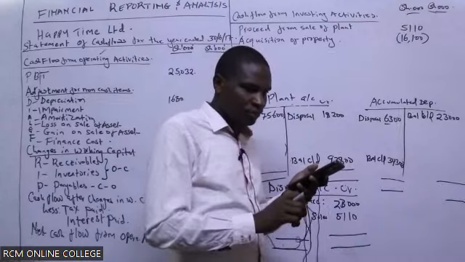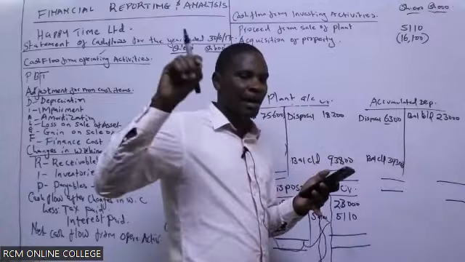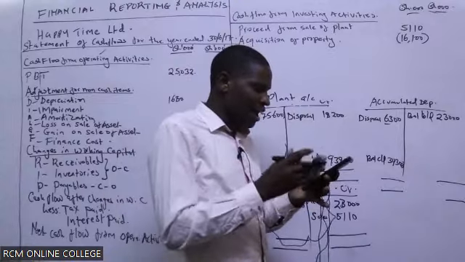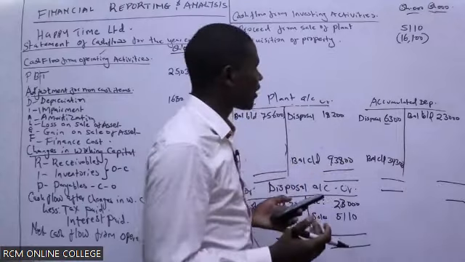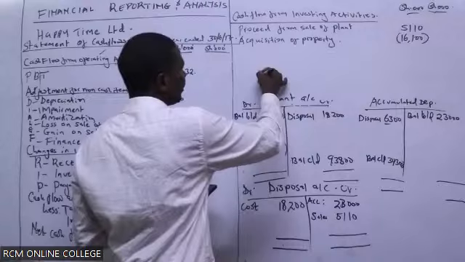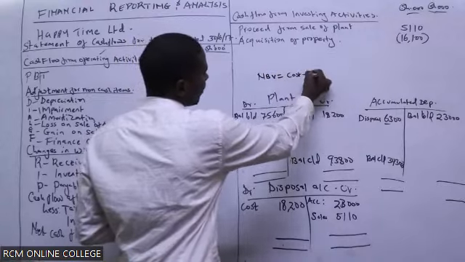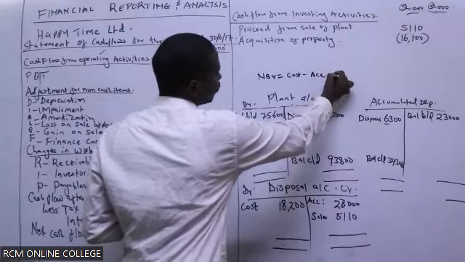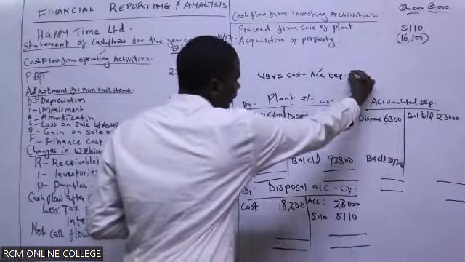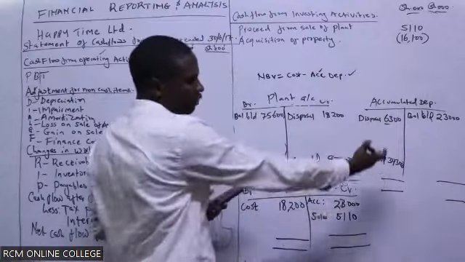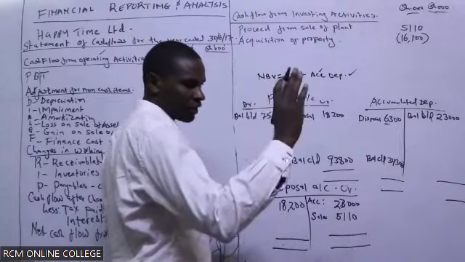Net book value is given by cost minus accumulated depreciation. We have cost here, and accumulated depreciation, so that we get net book value. Are we together? All right.